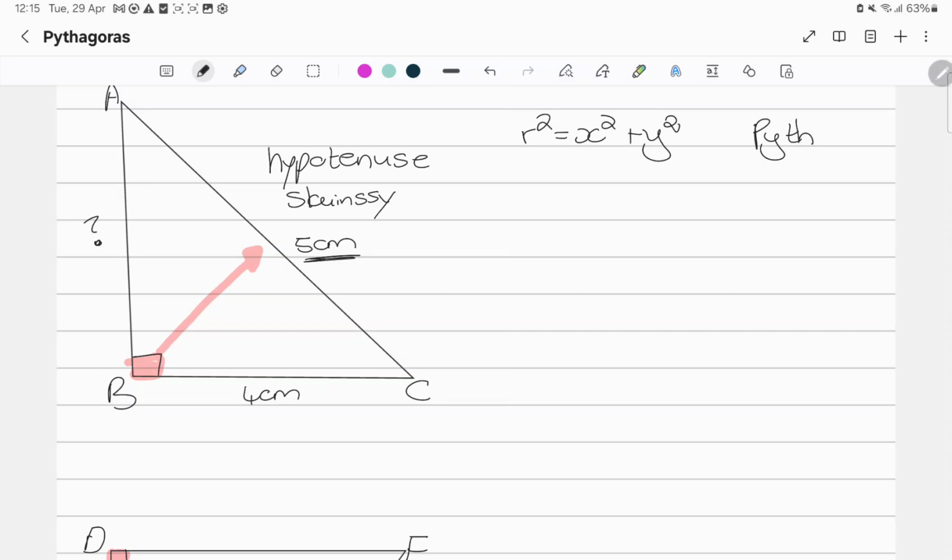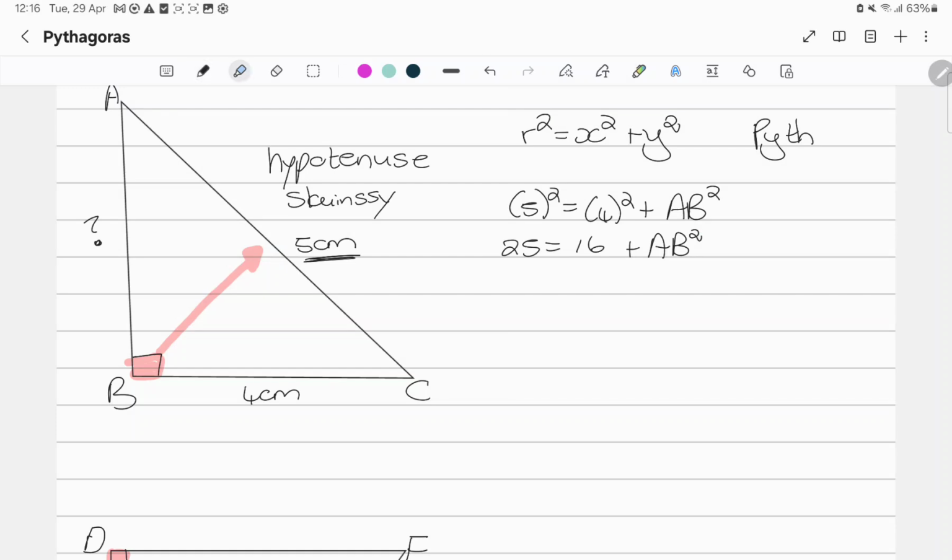That is 5 centimeters. So into r's place, I'm going to substitute the 5. X is 4, plus I do not know what this y is, this AB, so I'm just going to leave it as y squared. Or if you know the name, you can call it AB squared. Calculate it, it's going to give me 25 equals 16 plus AB squared.